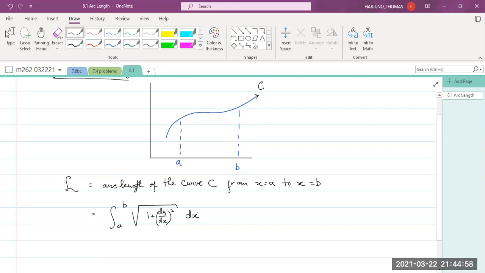Okay, if your integral is along the x-axis from A to B.